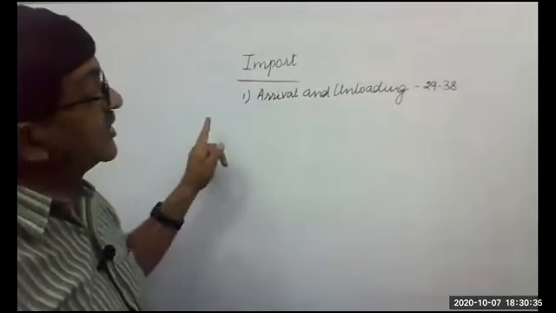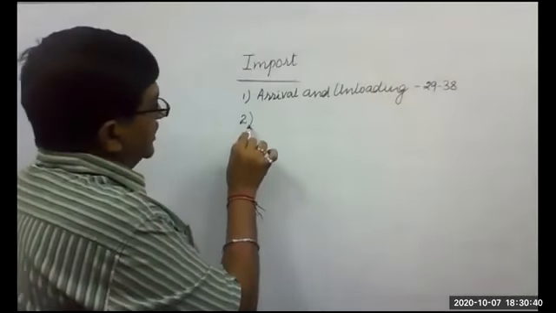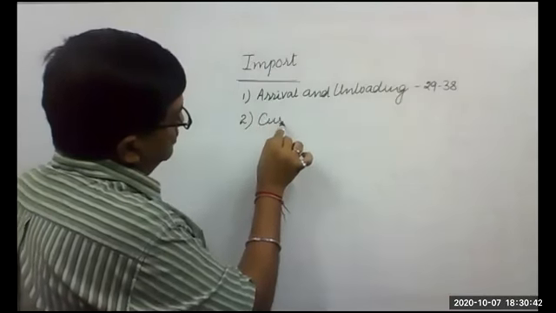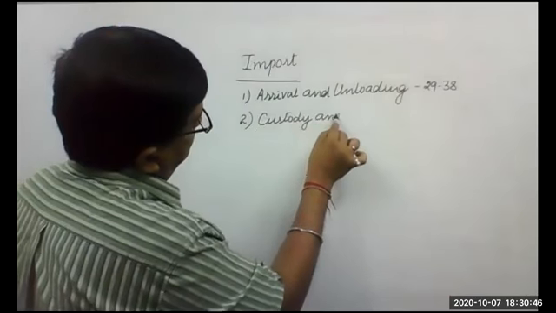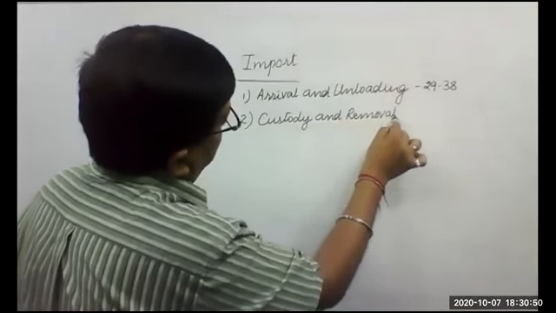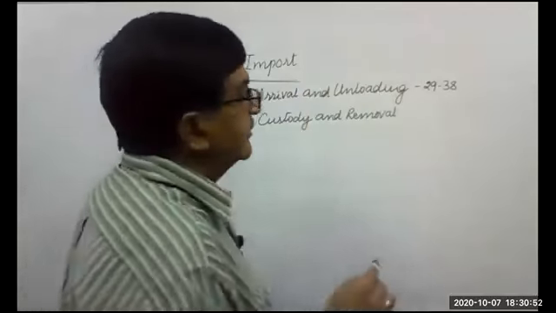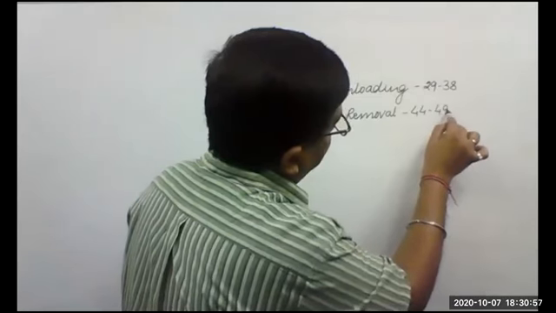Those many sections will be covered in this portion. Number 2, custody and removal. These are provisions from section 44 to 49.